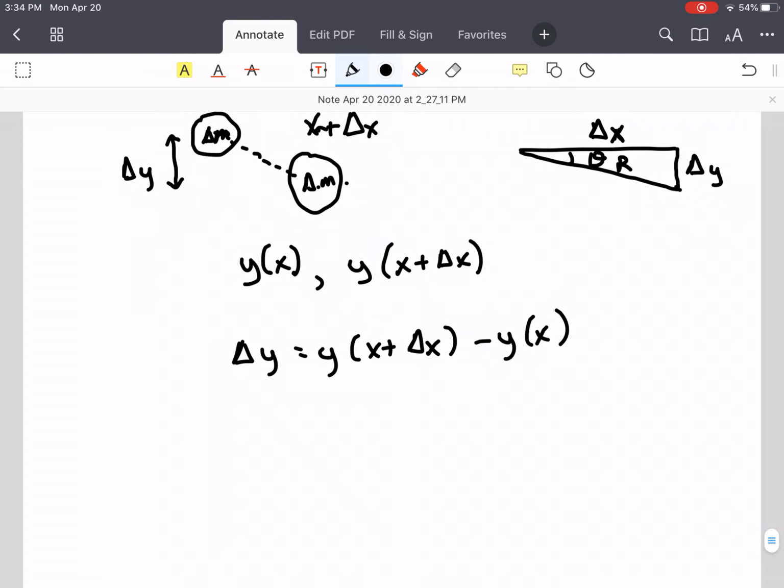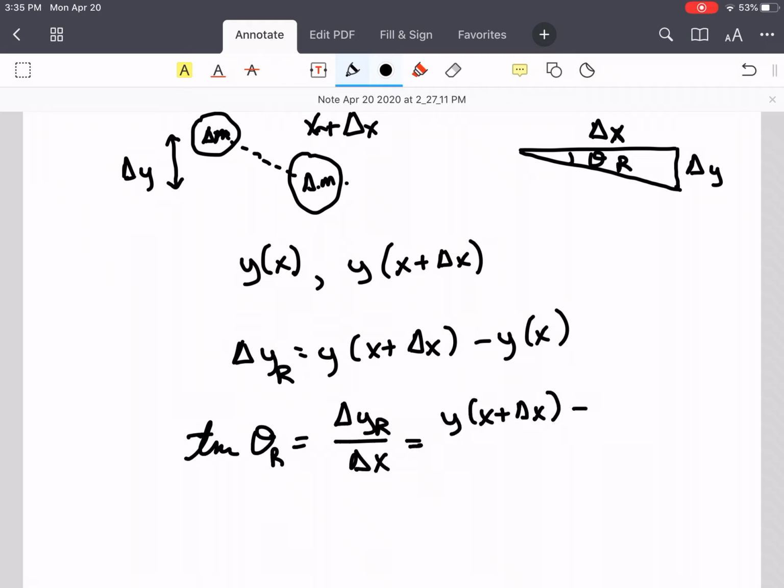So what I do know is that the tangent of that angle, theta right, is simply delta y over delta x. And I'll call this delta y right to emphasize that this is the delta y on the right-hand side. Or in other words, the tangent of this small angle theta is y of x plus delta x minus y of x, over delta x.